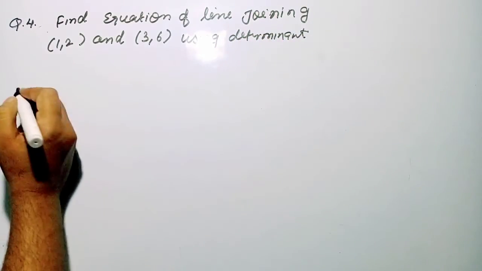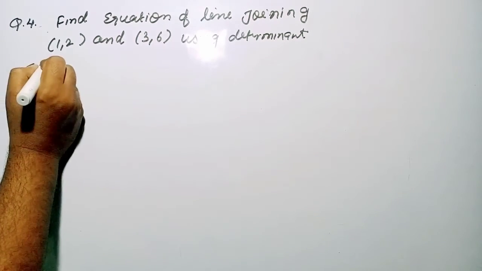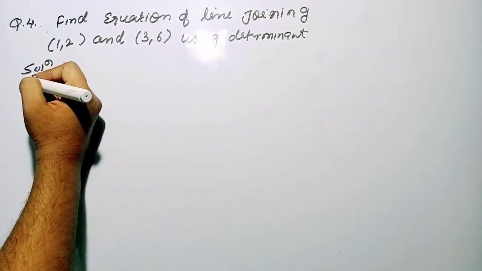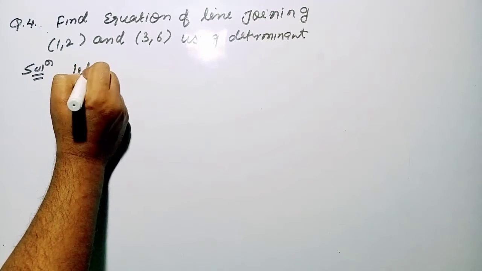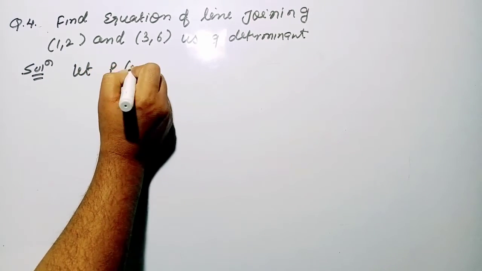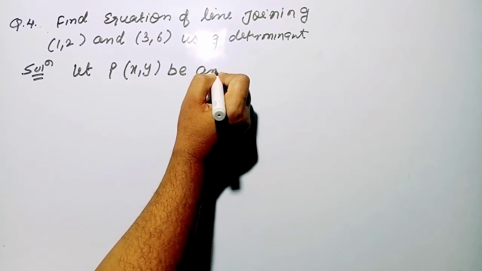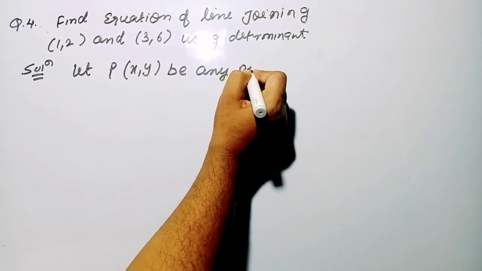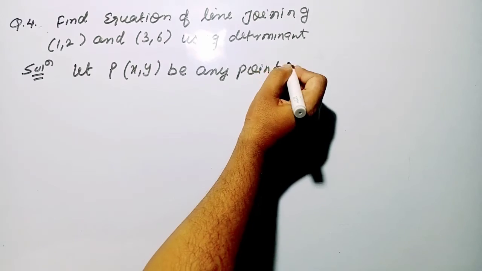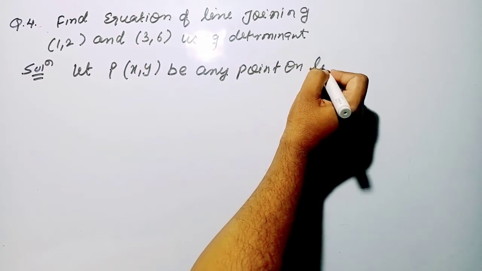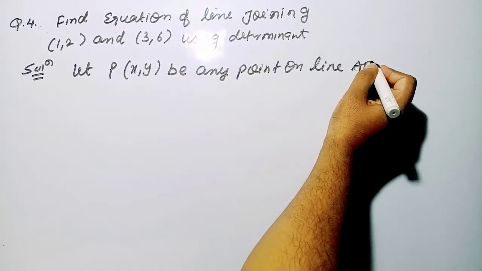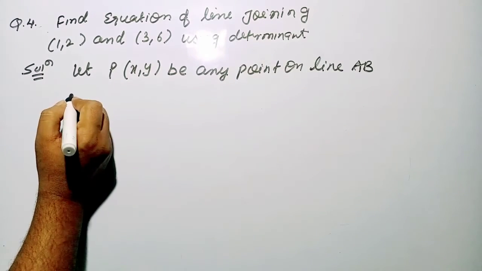So using determinant we have to find the line joining 2 points. So let us consider P is a point, X and Y be any points on the line AB, okay.